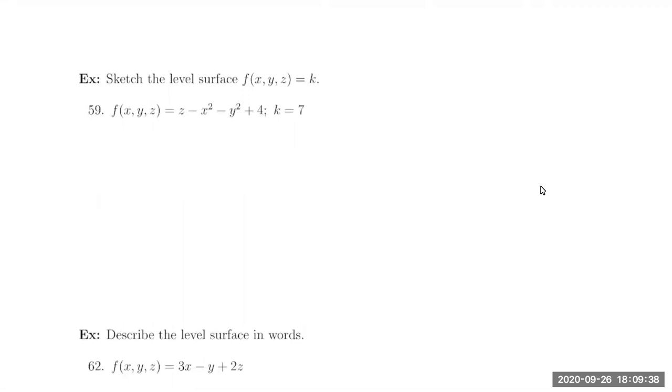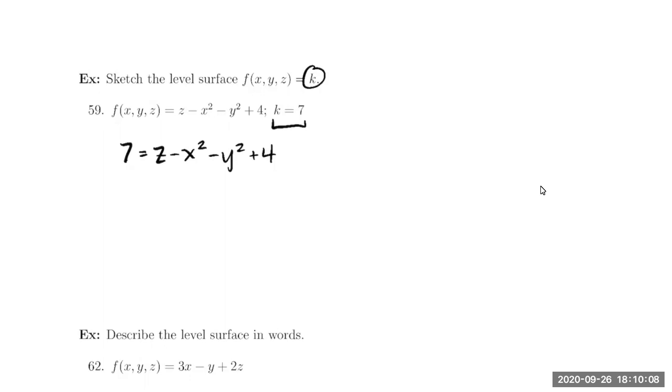In 59, they give us a 3-dimensional function and then a specific k value that they want us to evaluate here at. So I'm going to replace my k with 7. 7 equals z minus x squared minus y squared plus 4. And now what I would like to do is shift some things around so that I can identify the surface and to some degree accurately sketch it.